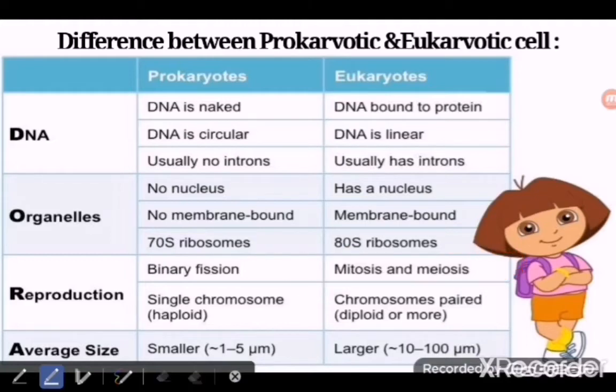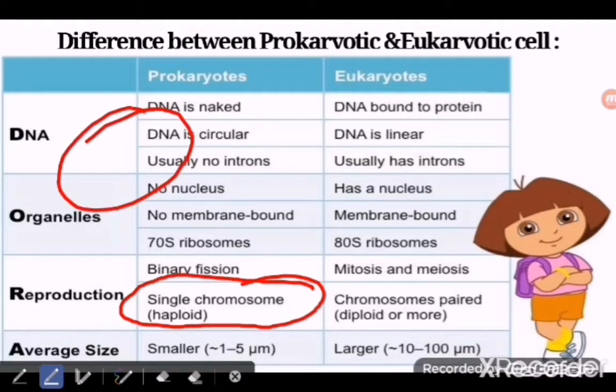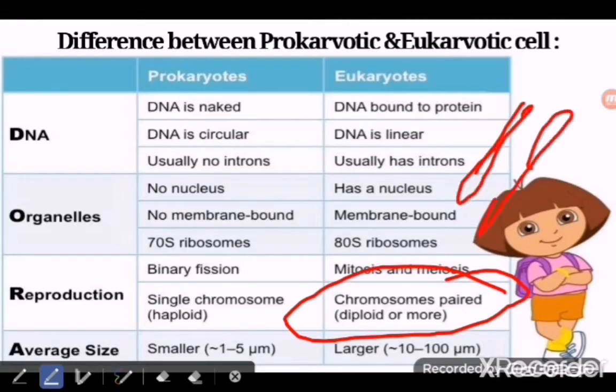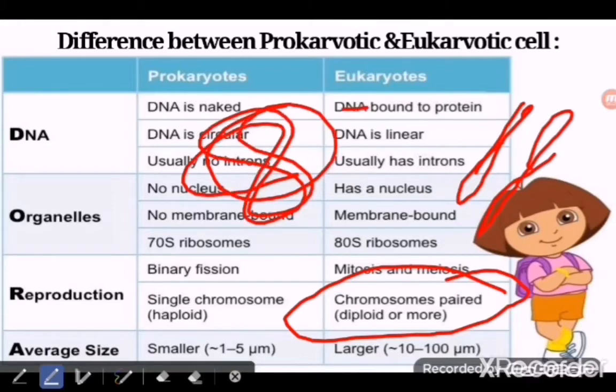So students, let's understand single chromosome, haploid. A single chromosome means a single circular DNA. In eukaryotic living beings, chromosomes are many in number and remain in pairs. The thread of DNA breaks into different fragments, and these fragments are known as chromosomes.